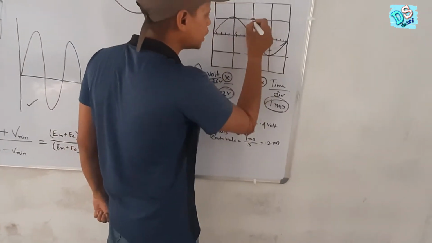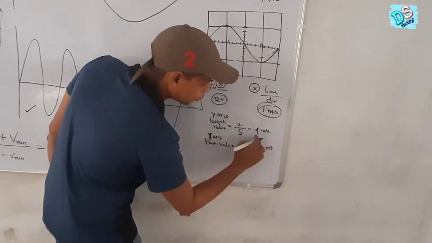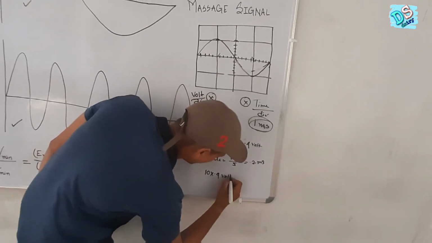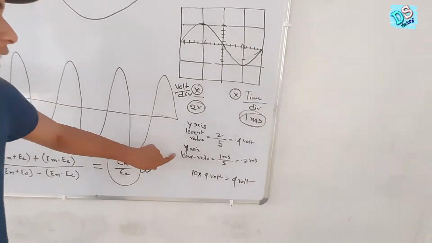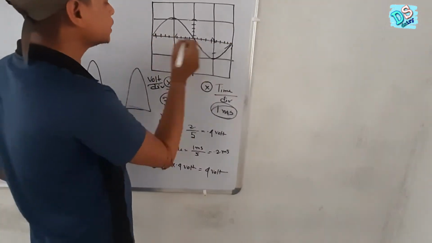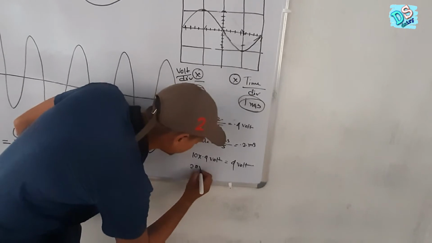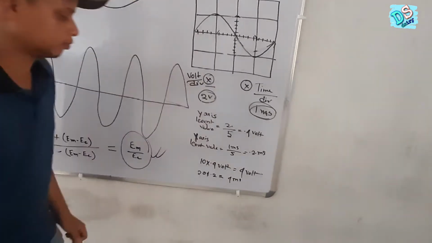From here to here the amplitude is 10 counts. Each count is 0.4 volt, so 10 times 0.4 is 4 volt. For the time period, from here to here is 5 plus 5 plus 5 plus 5, which is 20 counts. 20 times 0.2 equals 4 ms.